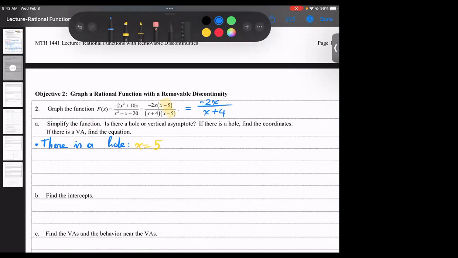You're gonna find the y as well. So all you do is plug in. I'm gonna call this star again. I'm gonna plug x equal 5 into star. So f of 5 equal negative 2 times 5.